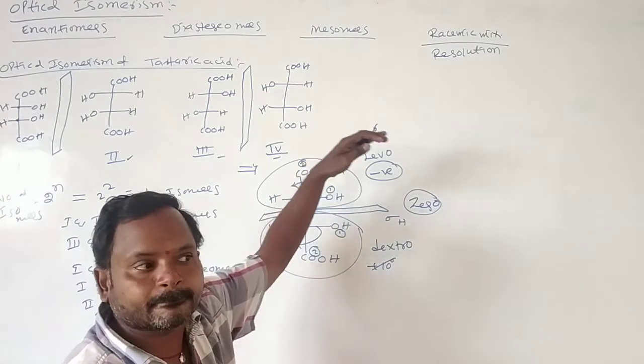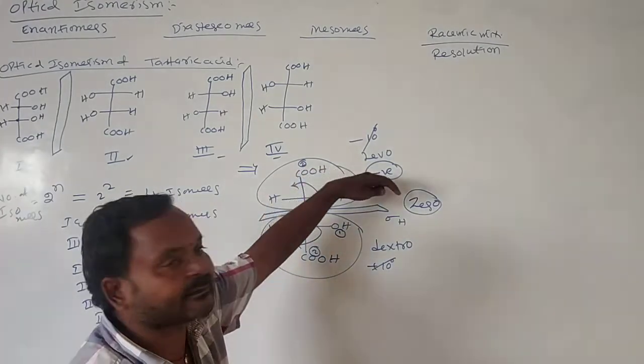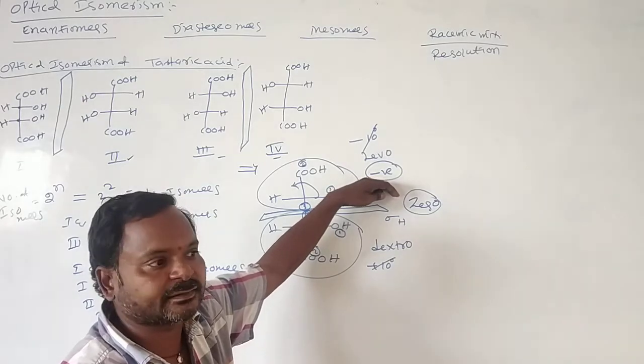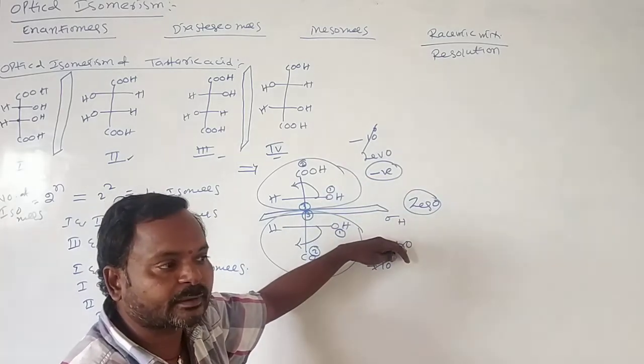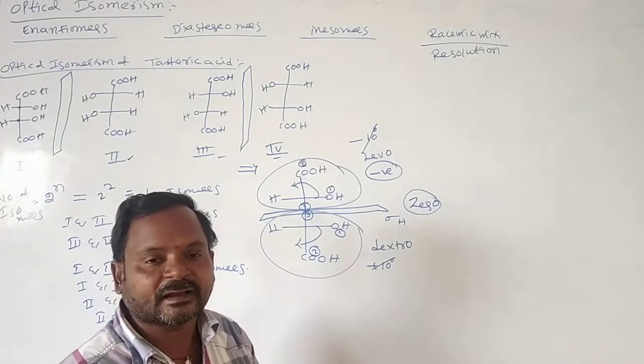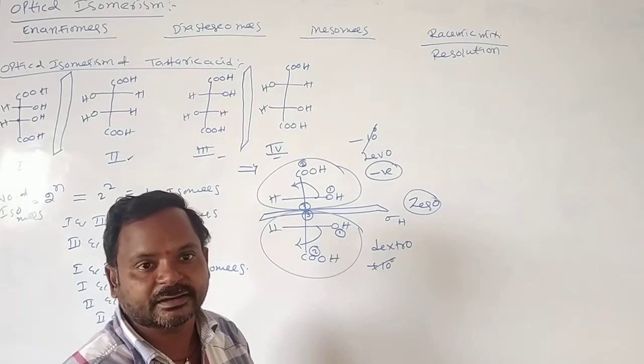In the polarimeter experiment, one part rotates plane polarized light clockwise, and the other part rotates it anti-clockwise. That means half of the molecule shows dextro rotation and half shows levo rotation.